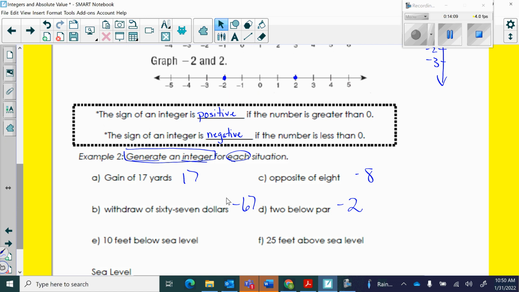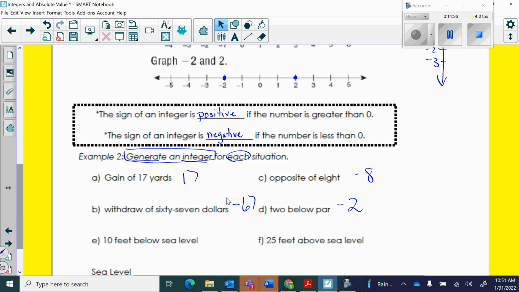It's higher. So par is the number of shots it should take you to make it on any specific hole. A regulation 18-hole golf course is designed to take 72 shots. So when I say I finished 2 below par, does that mean I got around the course with -2 shots?